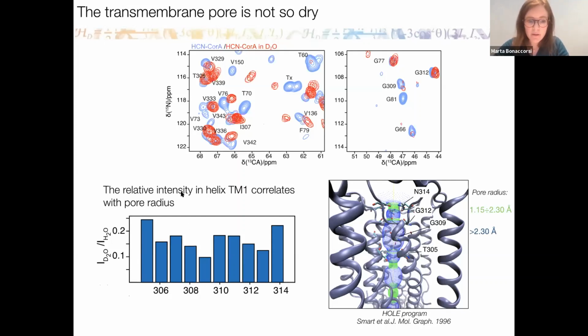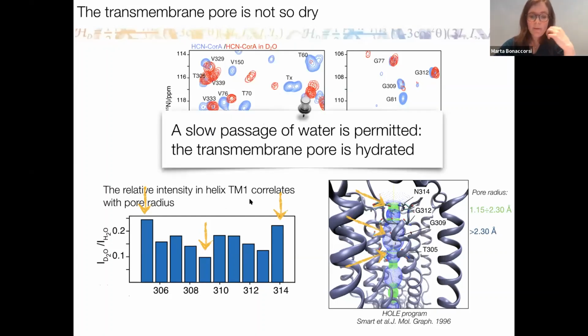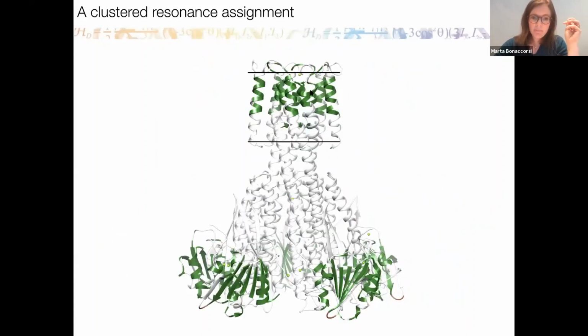In particular, we could observe that in the regions where the pore is narrower, we have the higher relative intensity, while in the regions where the pore is broader, we have the lowest relative intensity. And this suggests that a slow passage of water is allowed in the transmembrane pore, indicating that this is actually hydrated.